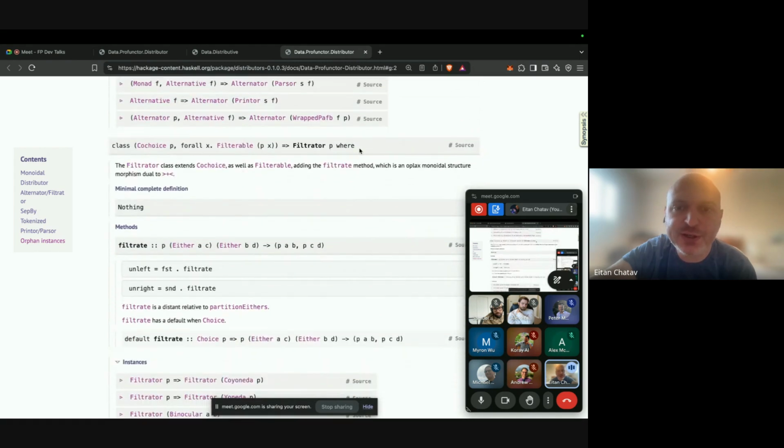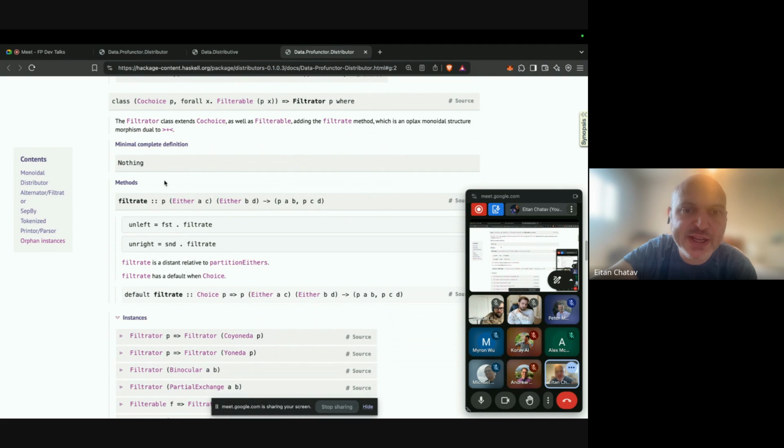Now the filtrator class is dual to that. It's extending co-choice and also extending filterable. And it has a function filtrate, which given a P of either A C, either B D, gives us a pair P A B, P C D. Okay?